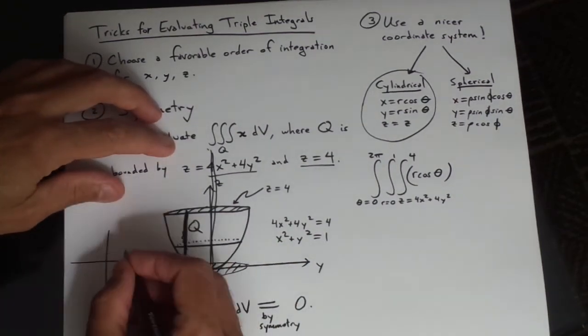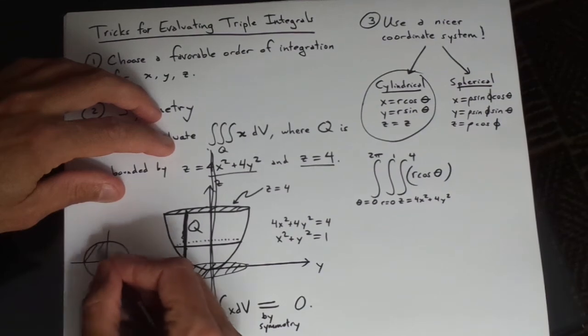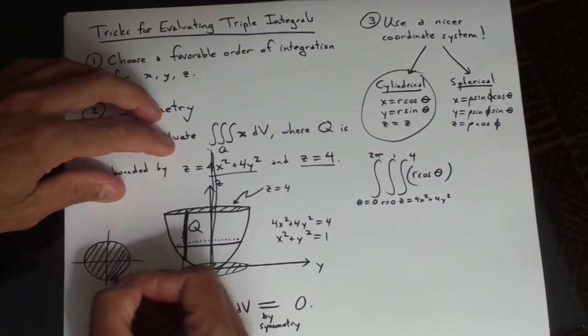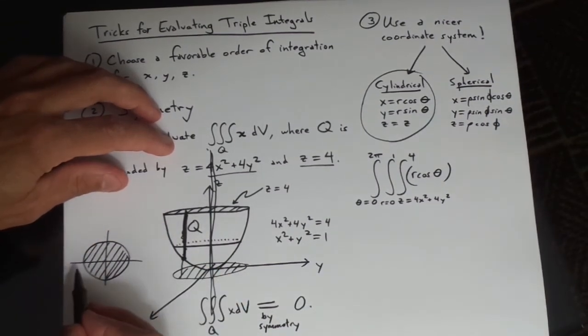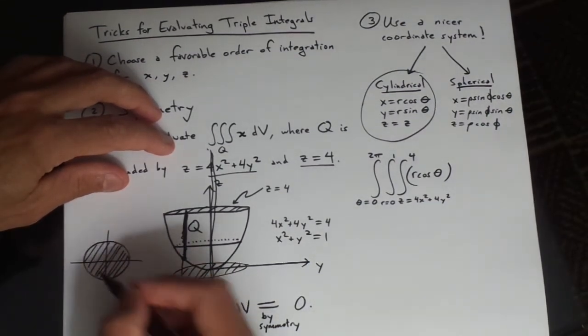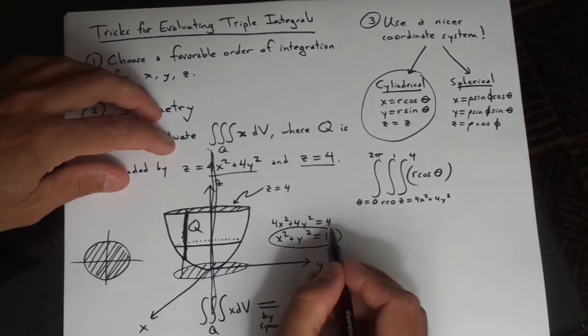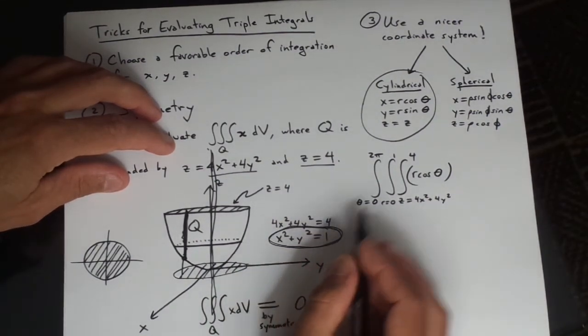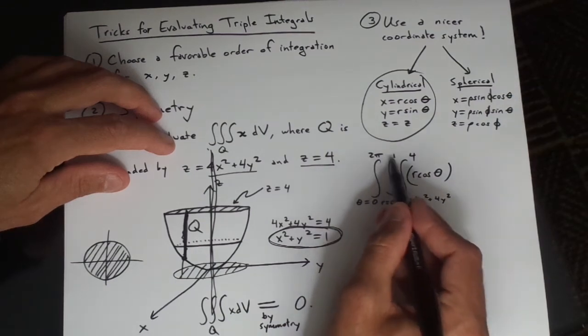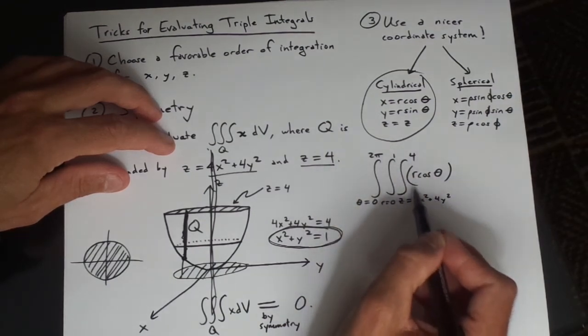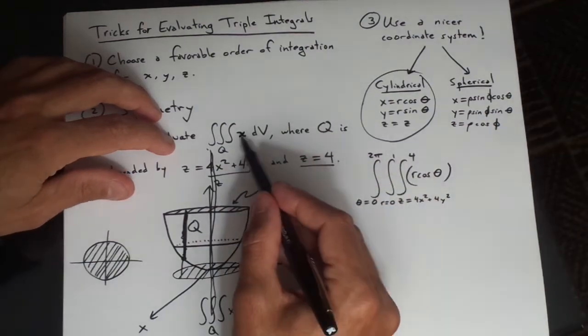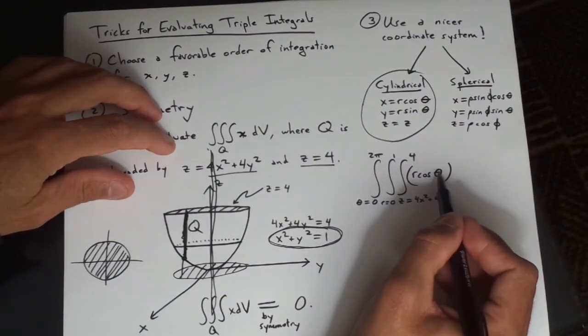If I just look in the xy plane, I'm just talking about the most simple polar region you could ever ask for. It's a circle, it's a full disk of radius 1. And that's coming from this equation right here: x squared plus y squared equals 1. So the limits of integration in polar coordinates are on the outside. The z variable is on the inside. I've replaced x with r cosine theta.